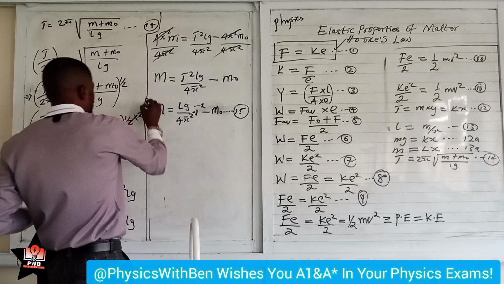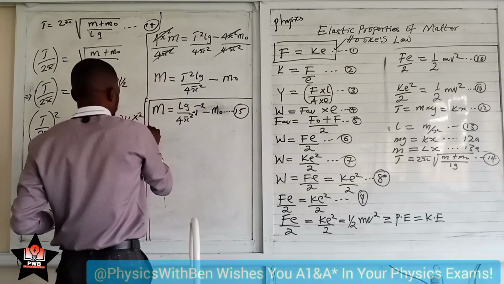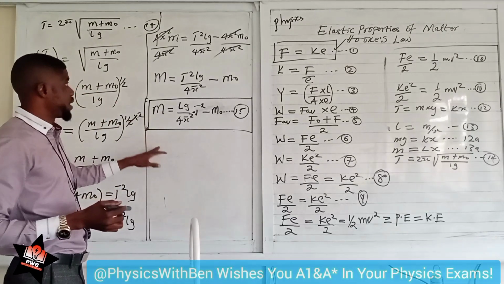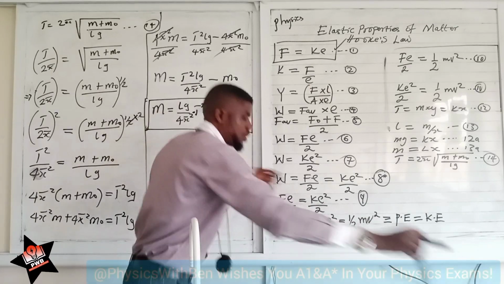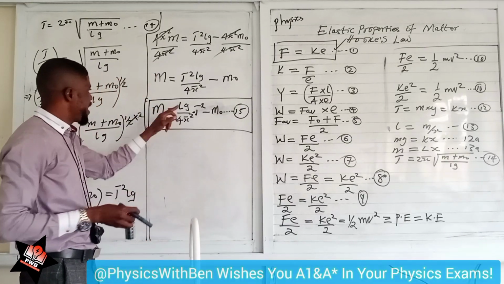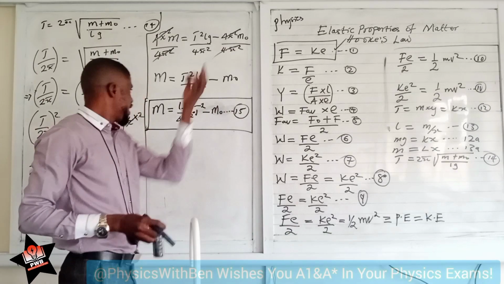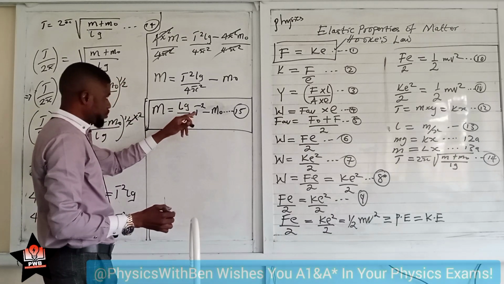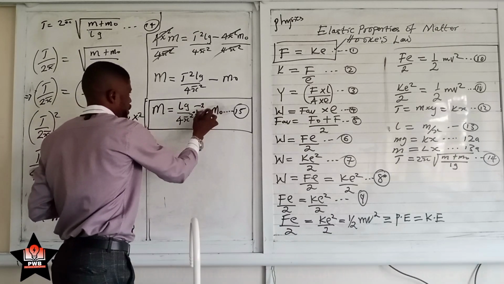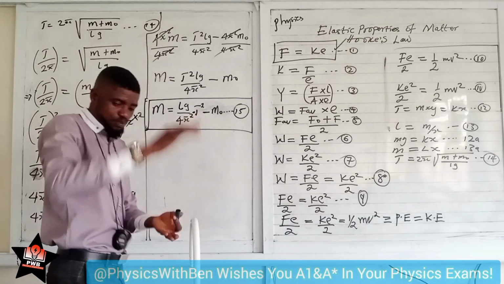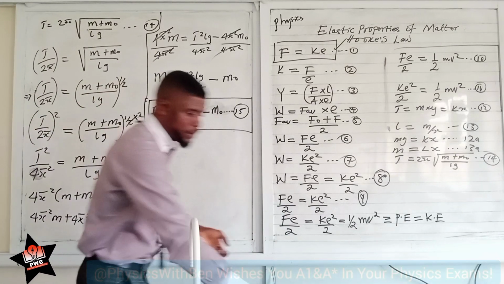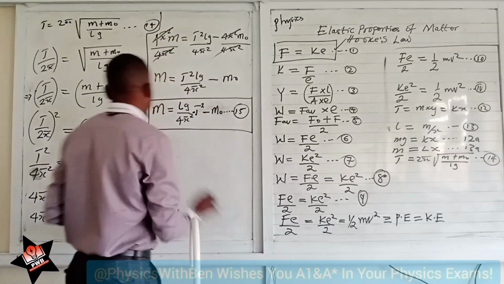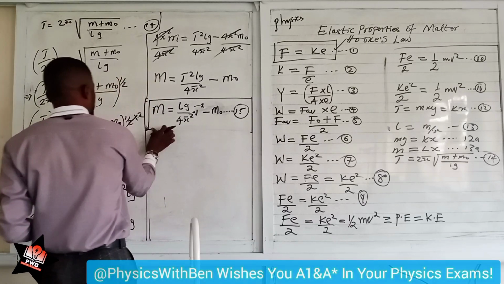Equation number 15 is the equation we are also going to use to plot a graph. So m stands for the slotted masses, and L stands for the length extension of the spring, and g the acceleration due to gravity, and T squared stands for the period of oscillation of the spring, and then m naught stands for the mass of the unloaded spring, where this equation looks like a straight line graph equation that looks like this.